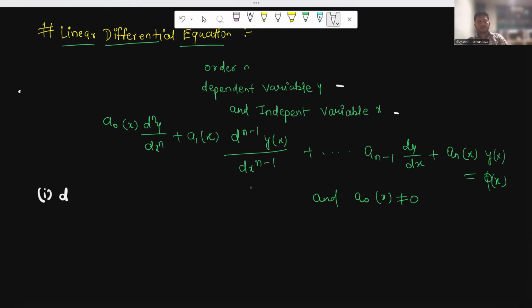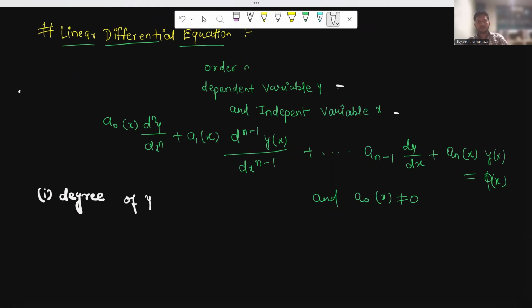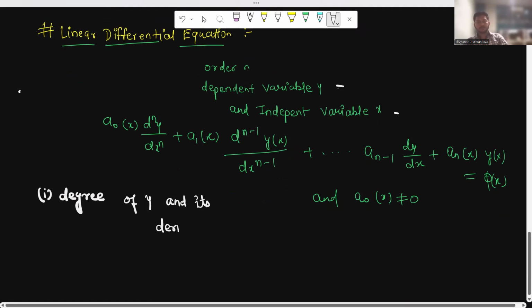First, the degree of y and its derivatives is 1.